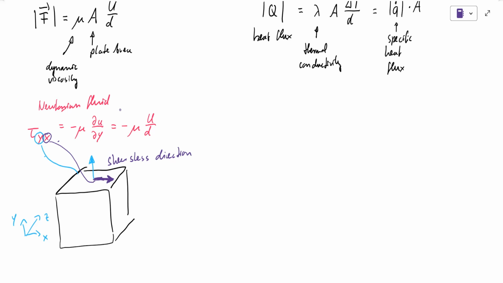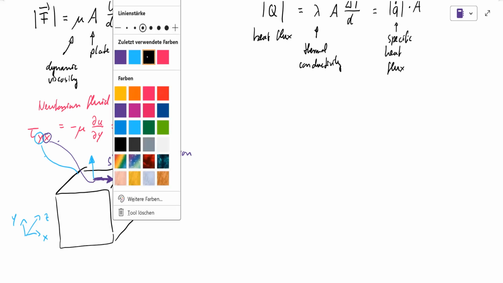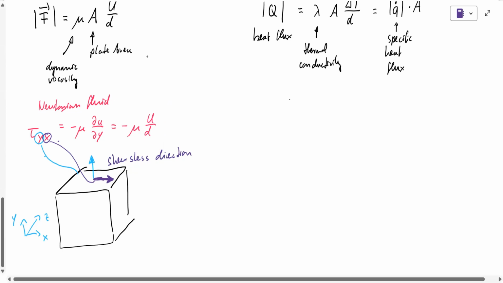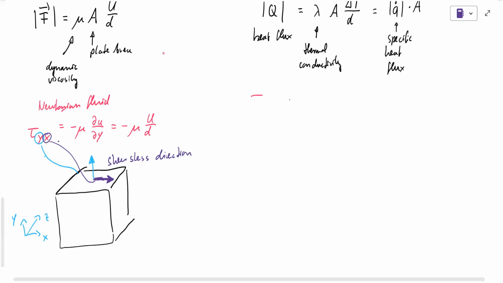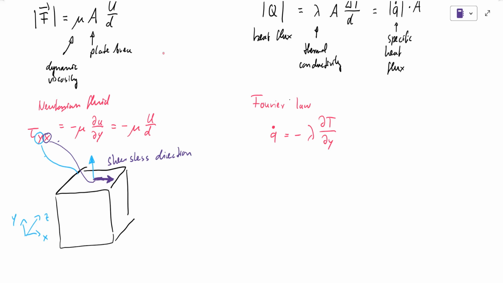Okay, so that's the Newtonian law for Newtonian liquids. And of course, for heat, we have something very similar, which is the so-called Fourier law. And this one is the specific flux of heat, q dot, equals minus lambda times the partial differentiation of the temperature with respect to the normal direction. So in this case, it is y.